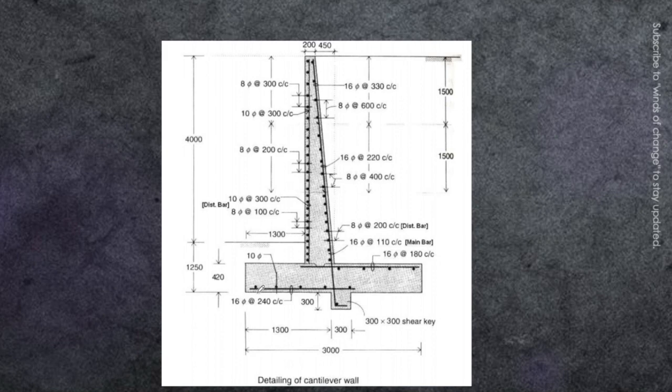In case of the toe slab, you can see here that main reinforcement is provided in the bottom, and in case of the stem, this main reinforcement is provided in the vertical direction. If the surcharge is from this direction, then we will provide reinforcement at this face near to the surcharge.